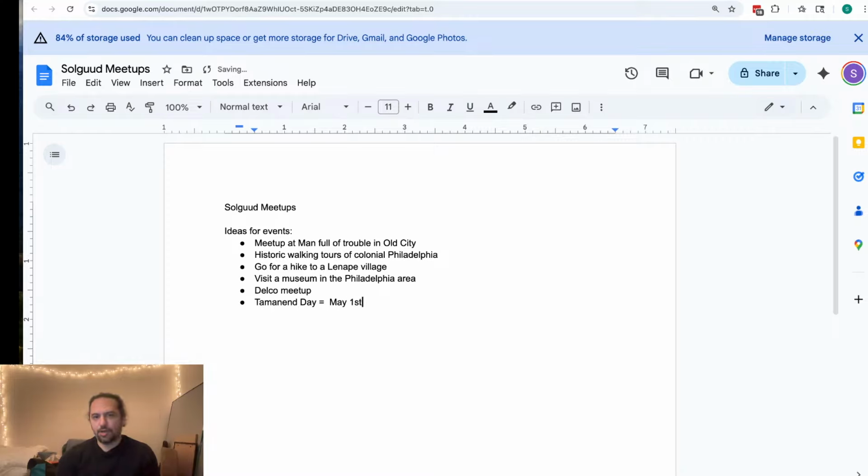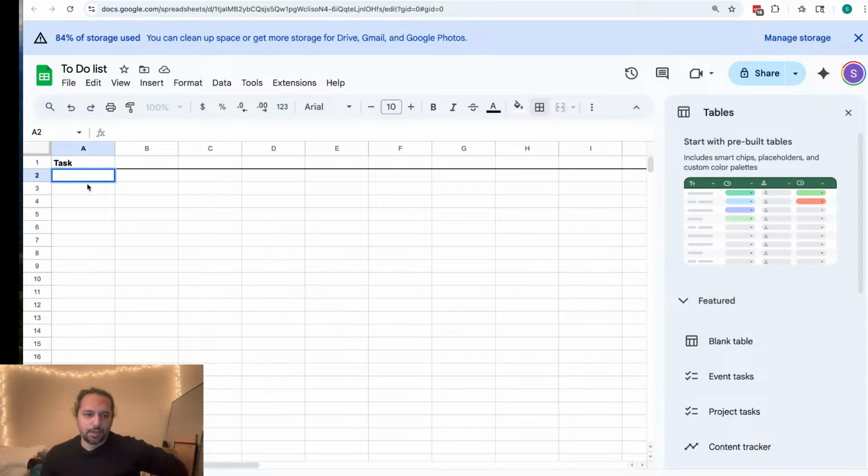We can go to Man Full of Trouble, or one of the other tours. Maybe Man Full of Trouble. I'll ask them. I really like another bar called Glory, which has a lot of good space if we wanted to have a party. But maybe Man Full of Trouble is more apt, more historic and closer to what the subscribers want, right? So I could ask them.